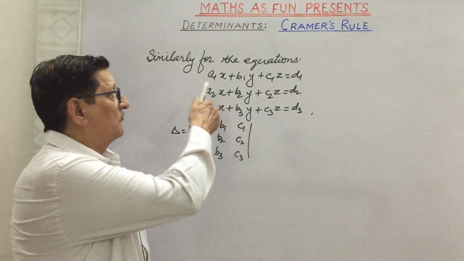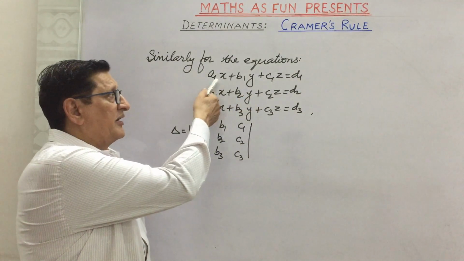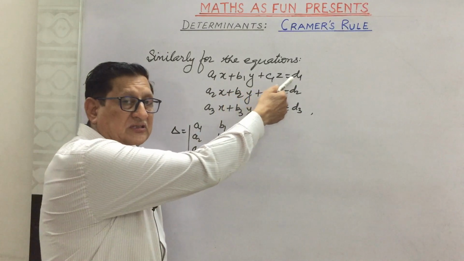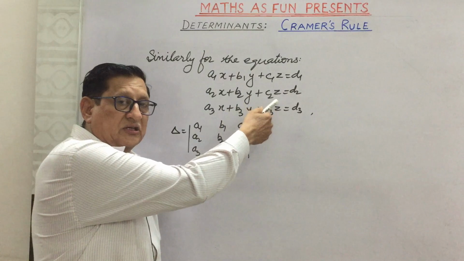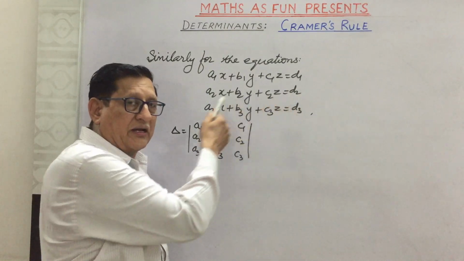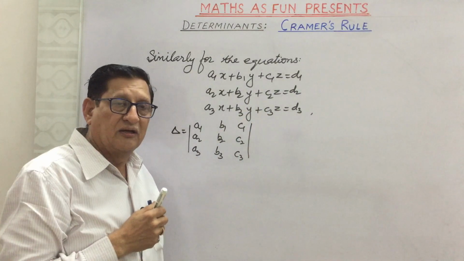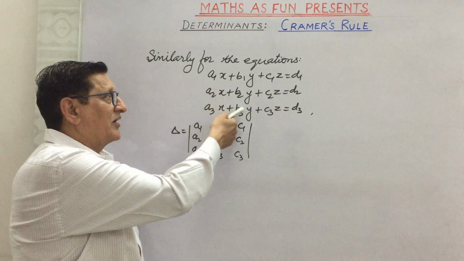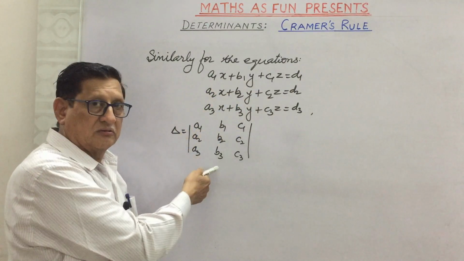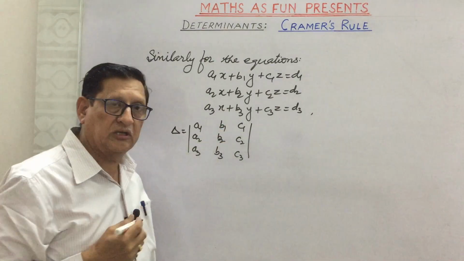Similarly, for the system of linear equations in three variables, a1x plus b1y plus c1z equal to d1, a2x plus b2y plus c2z equal to d2, and a3x plus b3y plus c3z equal to d3, we get delta, that is, the coefficients of x, y and z we write in the columns a1, a2, a3, b1, b2, b3 and c1, c2, c3.